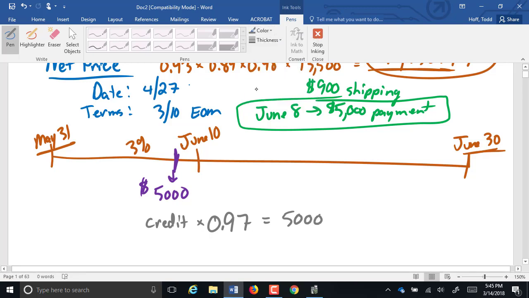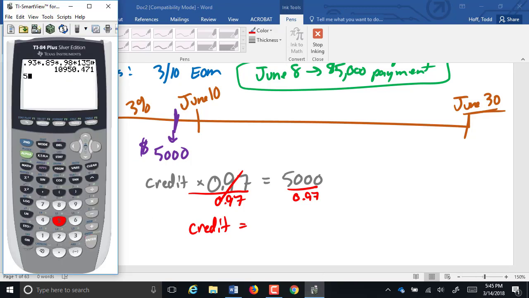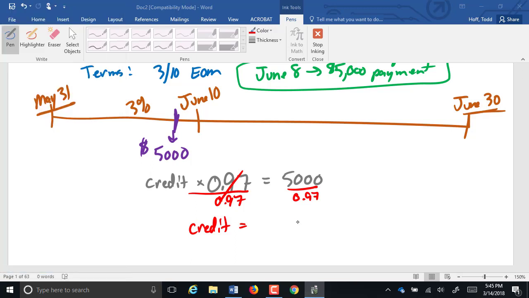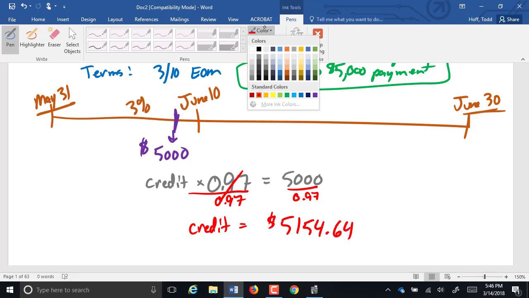So to find the amount of the credit, we would divide by 0.97. So the credit is 5,154.64. So that's how much gets credited to their account.